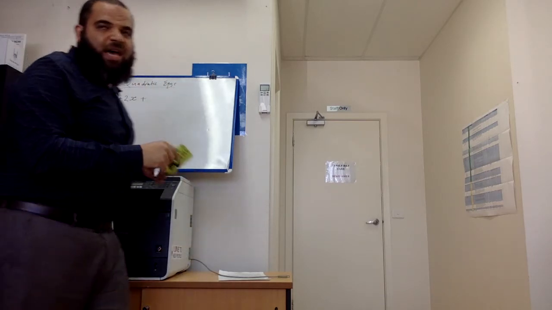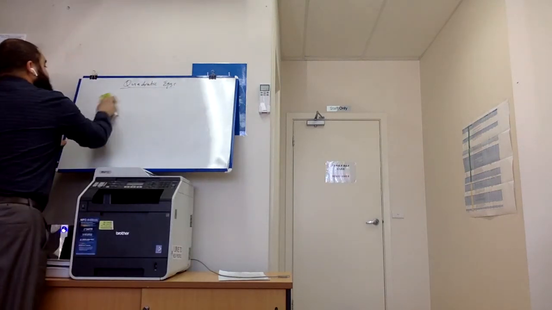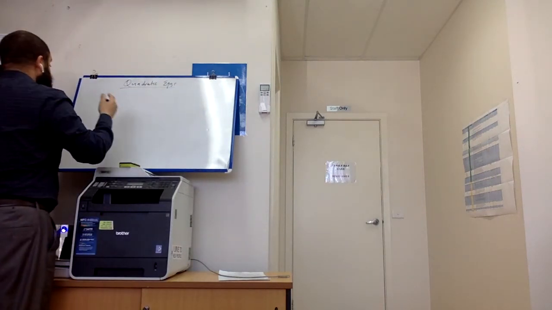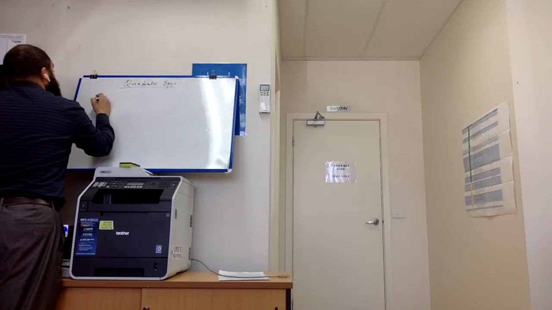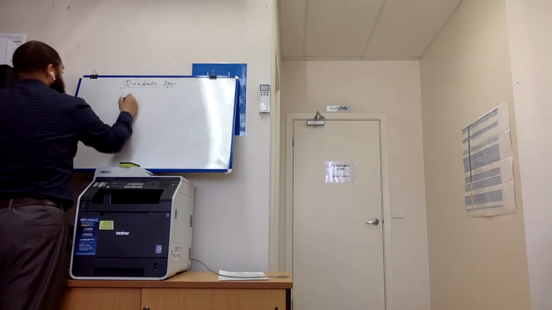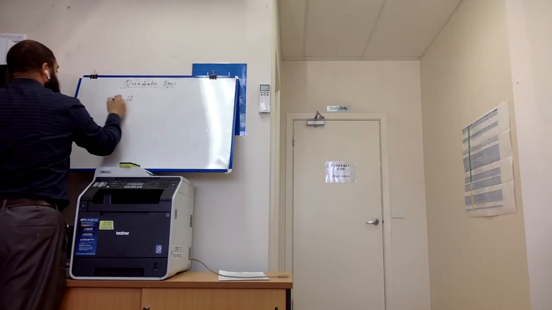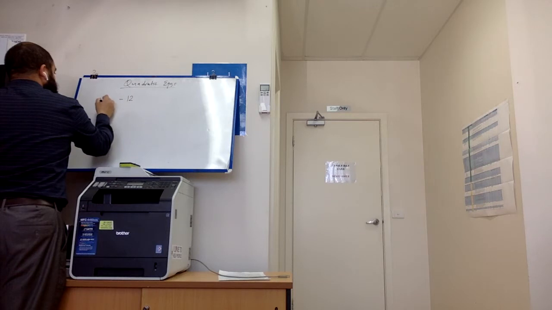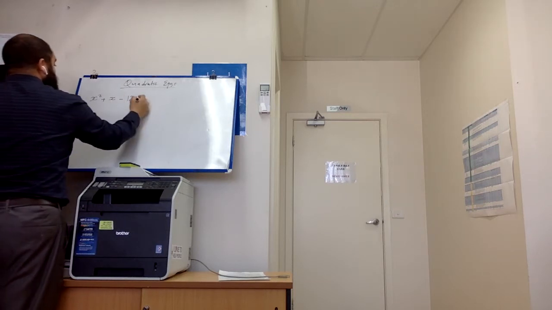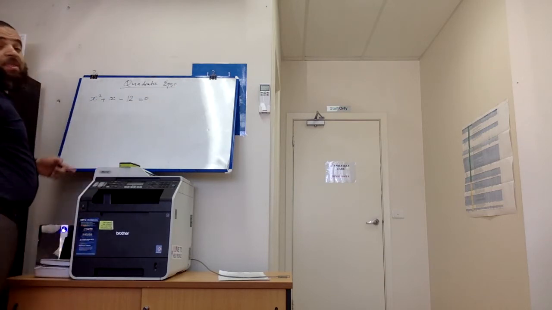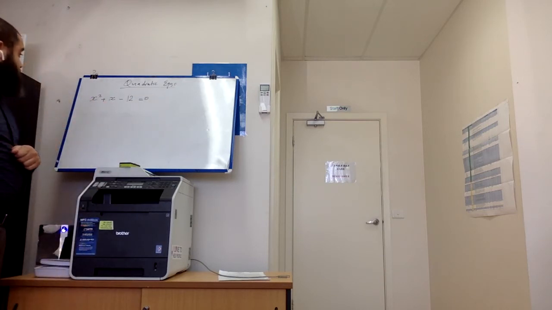I just need it to be an easy example. So forgive me. x squared plus x minus 12 equals 0. Okay, this is a function.